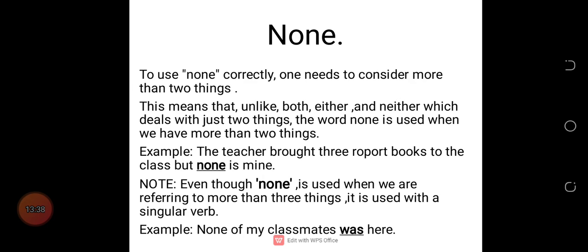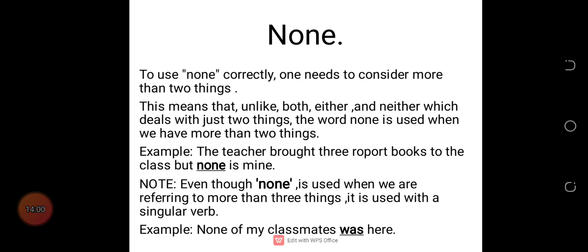Then lastly, we look at the use of none. And we said that none can only be used correctly in sentences when we have more than 2 things. So 3 and more, we use none.